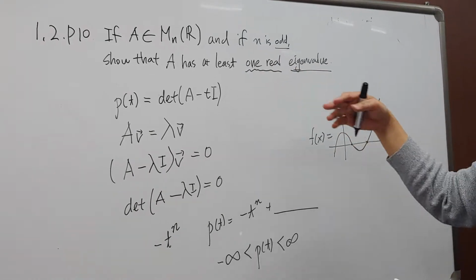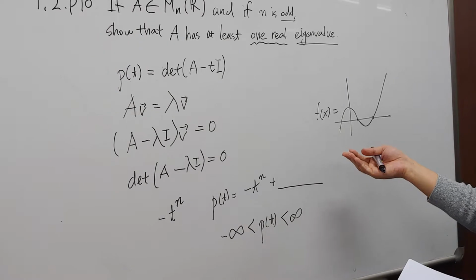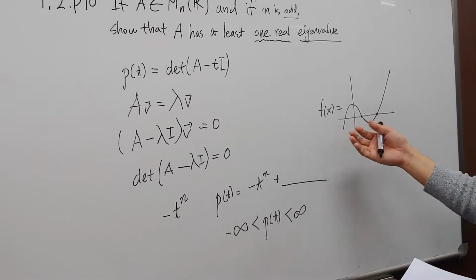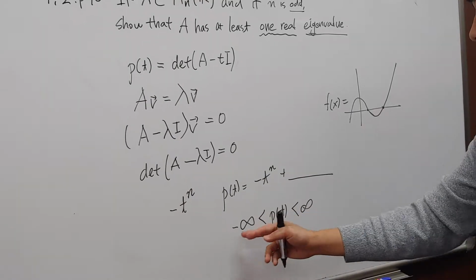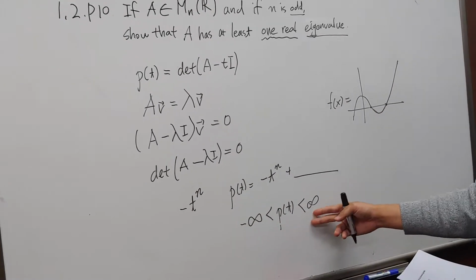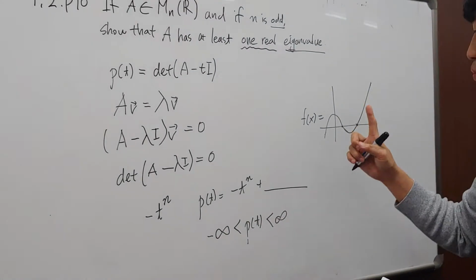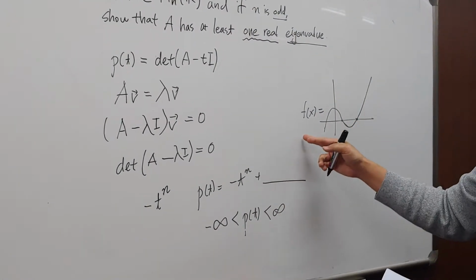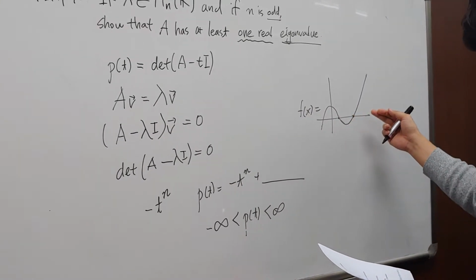This means we have to prove there is at least one root. Our result extends from minus infinity to plus infinity, so there must be at least one root according to the intermediate value theorem.